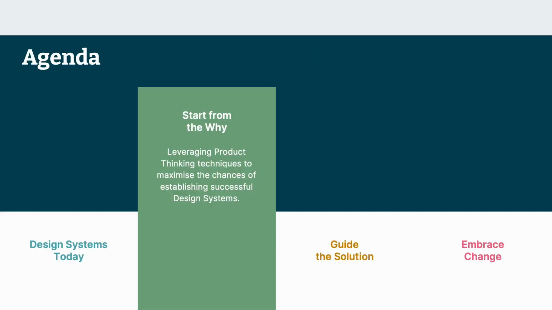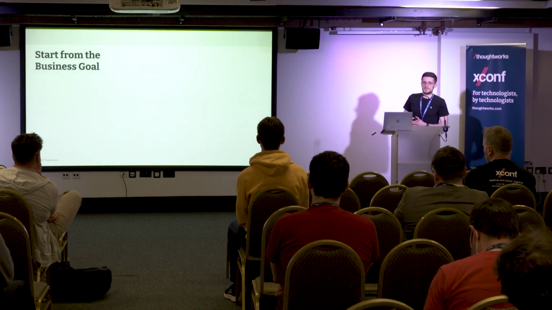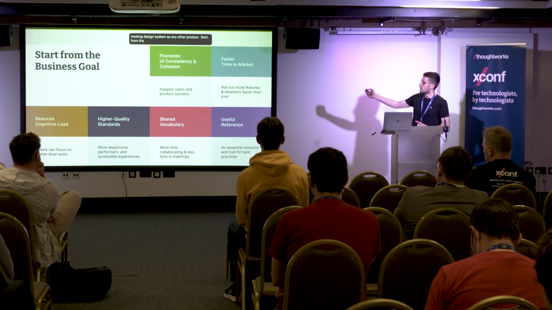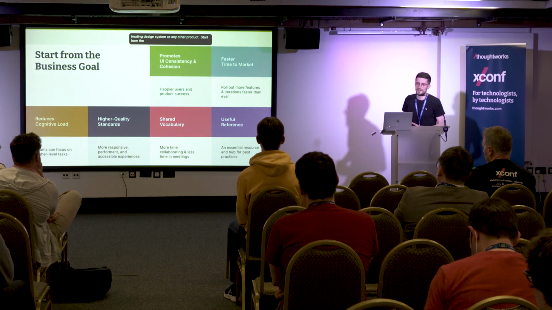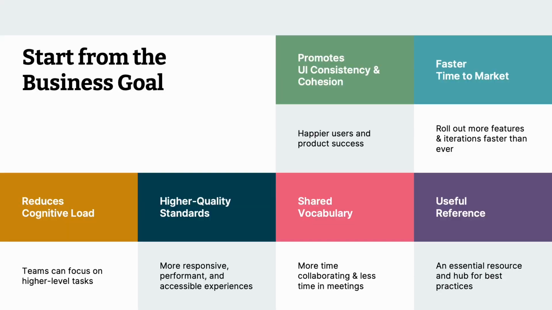We can start from treating the design system as any other product. Start from the business goal, understanding what's high priority for your organization. You've seen all these different benefits that the design system could bring to your organization, but what is really the need that the business has?